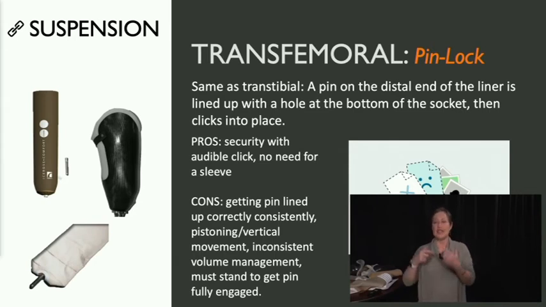Then you hear more ratchets on the pin lock, or you strap the lanyard down a little bit more assertively to make sure that you're all the way down in the socket. So the lanyard you're going to see on lower level patients, maybe K1, K2 patients, they need to be able to adjust that when they're standing, which might be a little tricky for them. All of this stuff is great for our training and therapy. Absolutely.